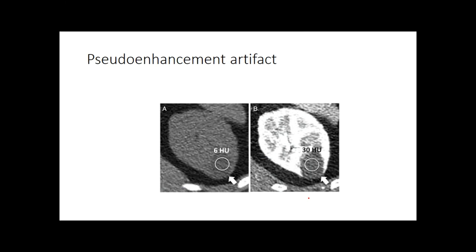Take into consideration that the Hounsfield unit is not always the same. There's an artifact called a pseudo-enhancement artifact, which, for example, when you inject a kidney and it has a cyst, the Hounsfield unit might change according to the enhancement around it from contrast media. So you have to take this into consideration.